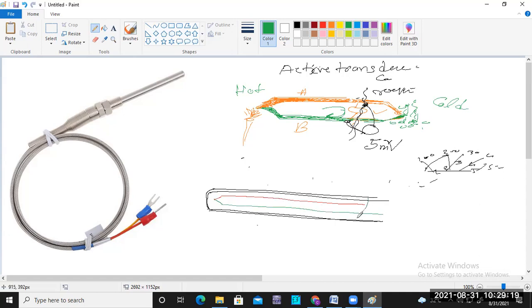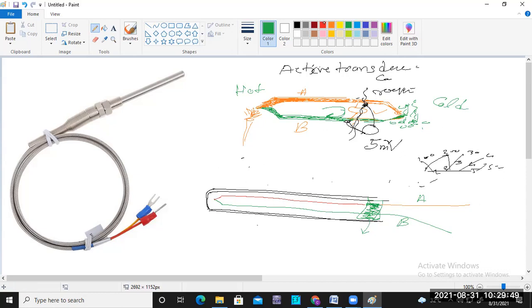Here some cementing elements are there so that it does not break. Cementing elements are there, and then this is metal A and this is metal B. This is the normal construction of this thermocouple.